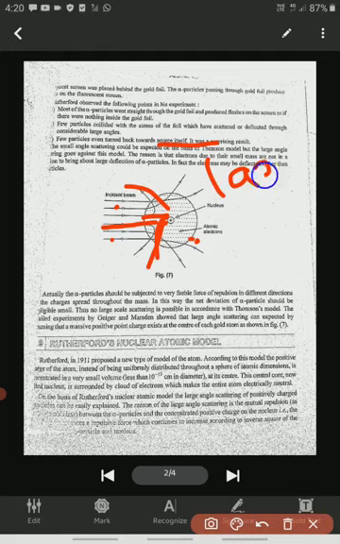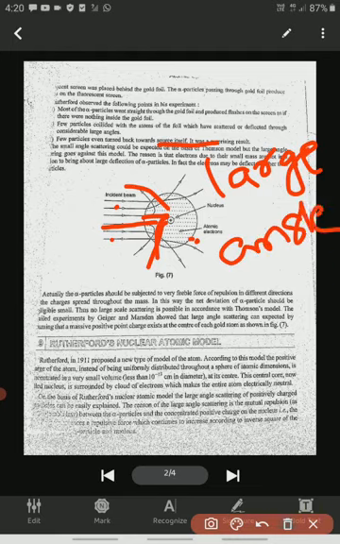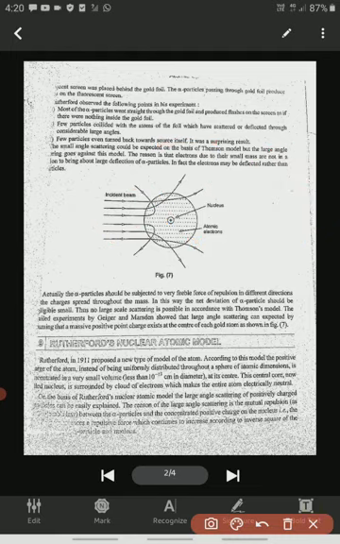These are the atoms of the gold foil, and these are alpha particles. A few particles went through straight, and some collided with the atoms of the gold foil and were deflected with a large angle. This is the second point. Few particles even turn back toward the source itself. These are the observations made by Rutherford.